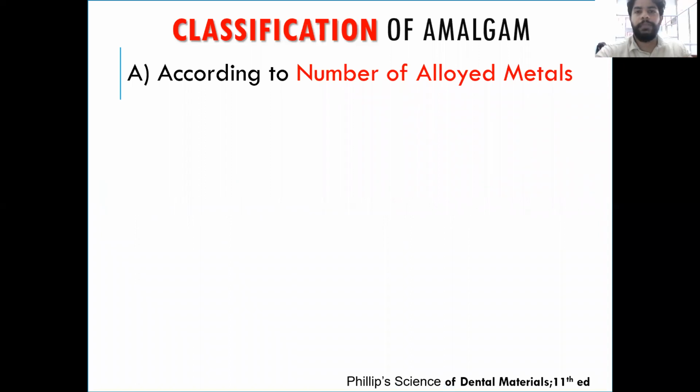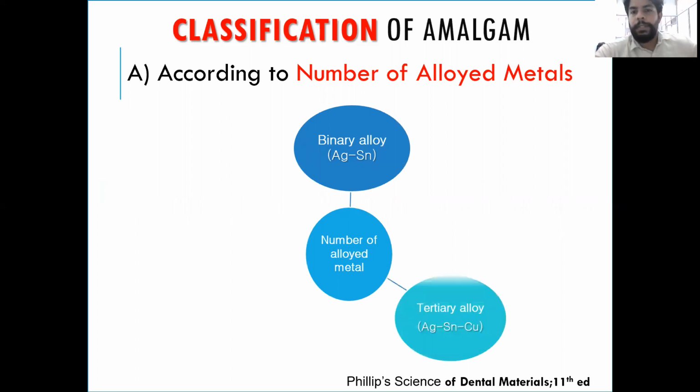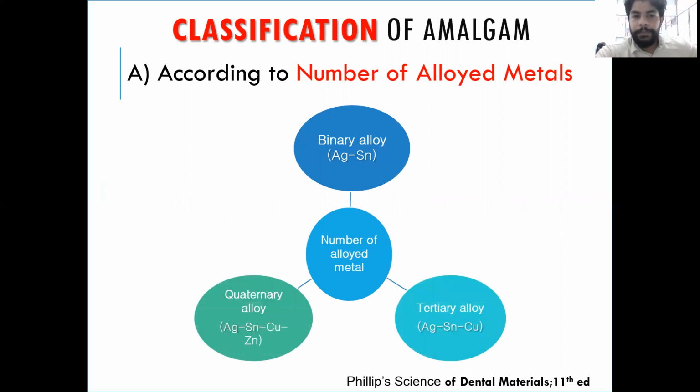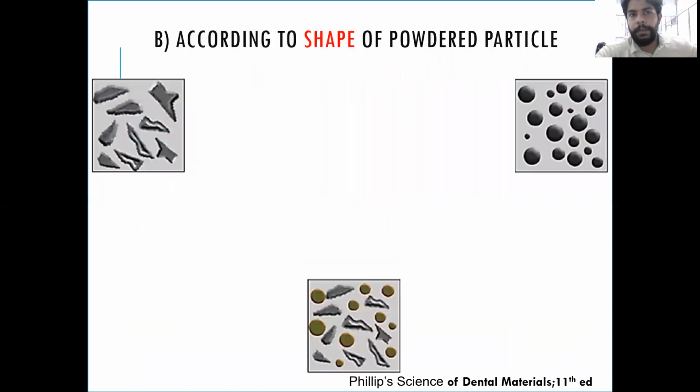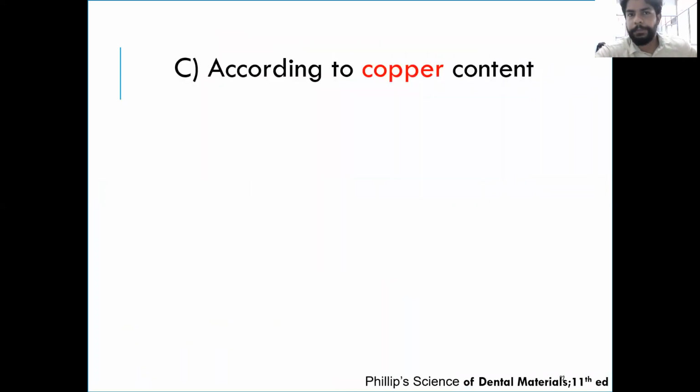Coming to the classification of amalgam, according to the number of alloyed metals, amalgam can be classified as binary alloy, where there are 2 alloyed metals, ternary alloy, and quaternary alloy. According to the shape of the powder particles, amalgam can be classified as lathe cut, spherical, and admixed.